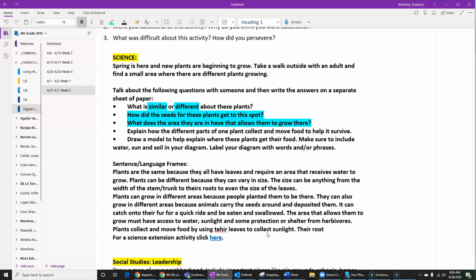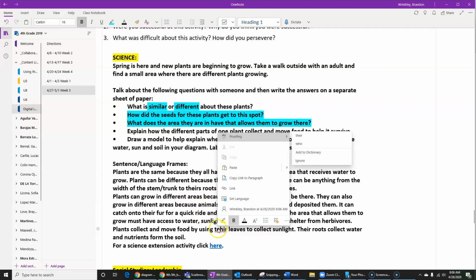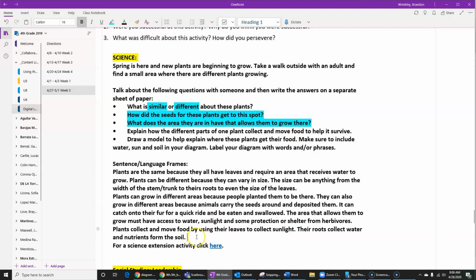Their roots collect water and nutrients from the soil. And then what do both of those do? These help it to grow.